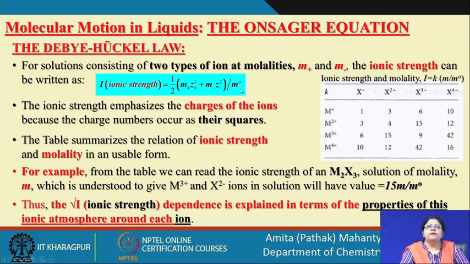Usually, we will take this m naught to be 1. So, you see the ionic strength emphasizes the charge of the ions, because the charge here has a square power.